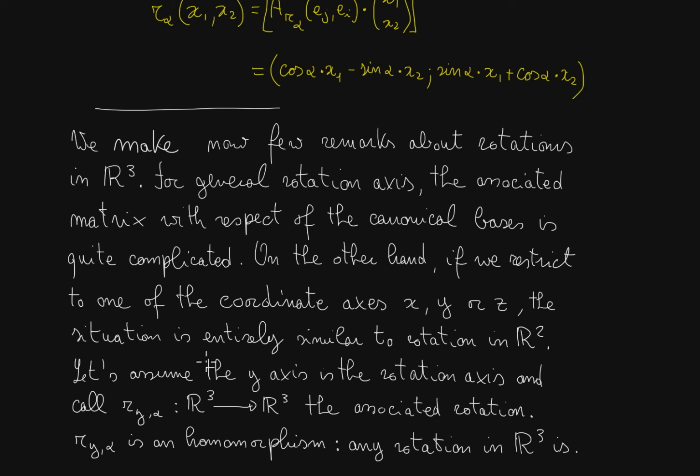Let's assume, for example, the y-axis is the rotation axis, and call Ry, alpha the map from R3 to R3, the associated rotation. The first fact that we have is that Ry, alpha is a homomorphism. Well, in fact, any rotation in R3 is a homomorphism.